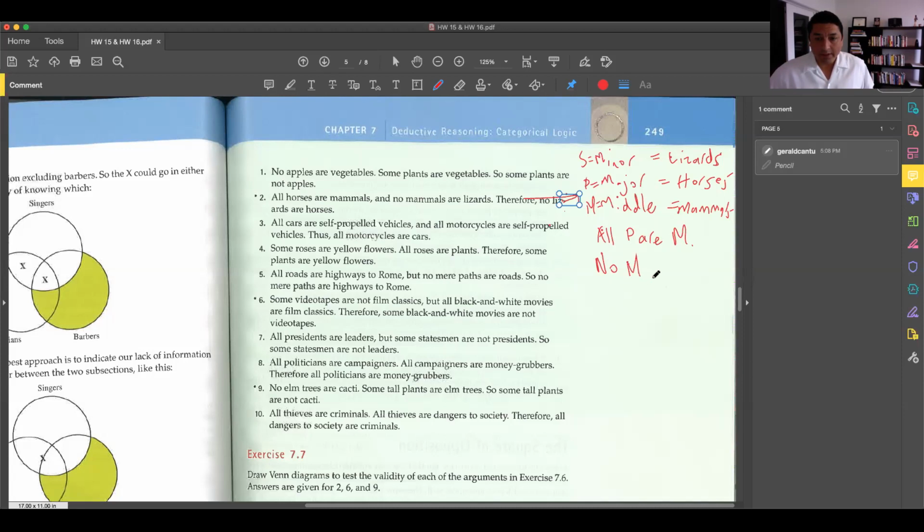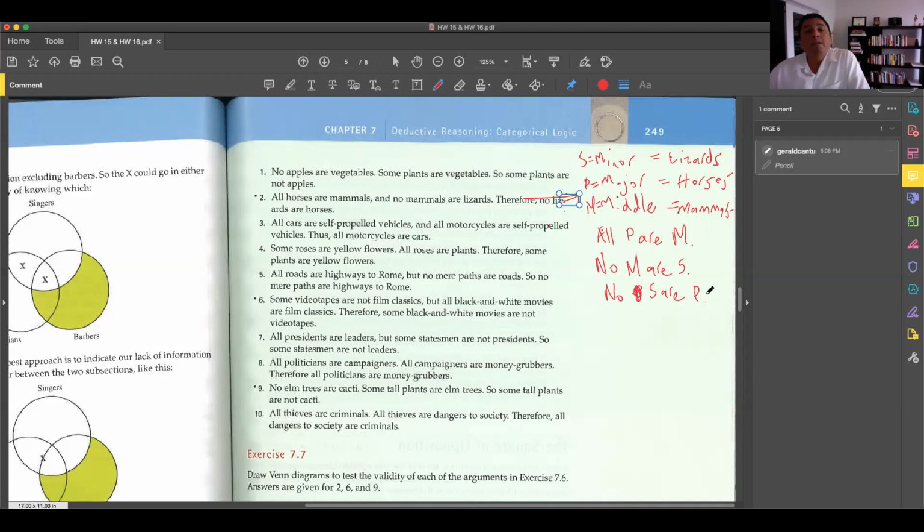In this one you have the middle first, and then the minor, which is the subject in the conclusion. Then for the conclusion, we have no lizards are horses, so no S are P.